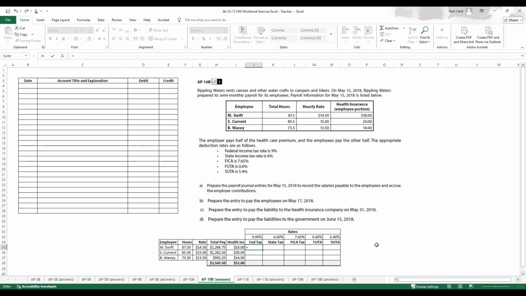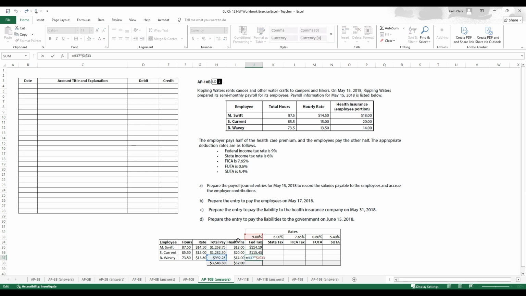Okay, and what we're going to do with those percentages is they're all going to be based off the total pay. So we're going to multiply the total pay times that percentage. Since we're applying the same percentage to each one of the employees, go ahead and hit your F4 to lock that cell. So we're always going to reference this 9% and then drag it down.